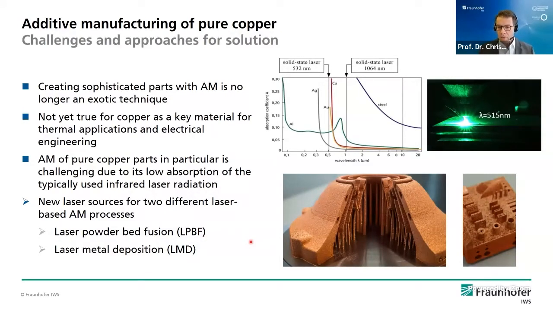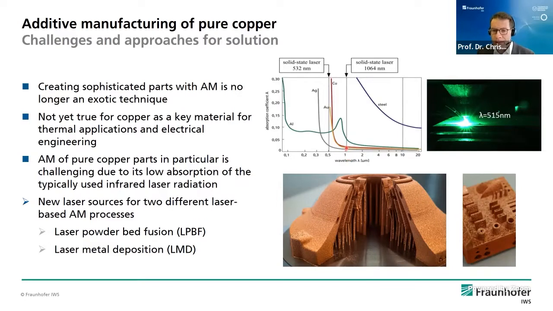Now, everybody who's been in touch with laser interaction with copper knows that copper has a fairly low absorption with regards to solid state laser radiation. So the wavelength of 1 micron is really unsuited to manufacture copper parts.